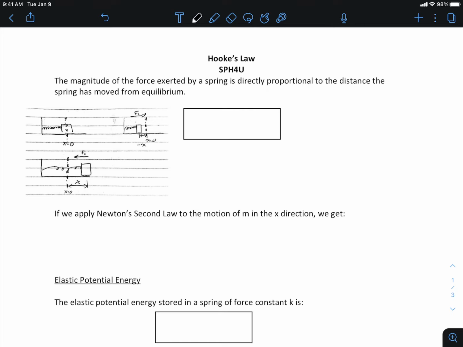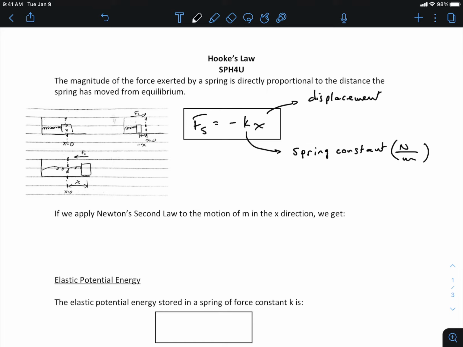And so we can see that if I were to write this, the spring force is going to be equal to negative kx, okay, where x is the displacement, and k is a spring constant, and it'll have units of Newton per meter, right?